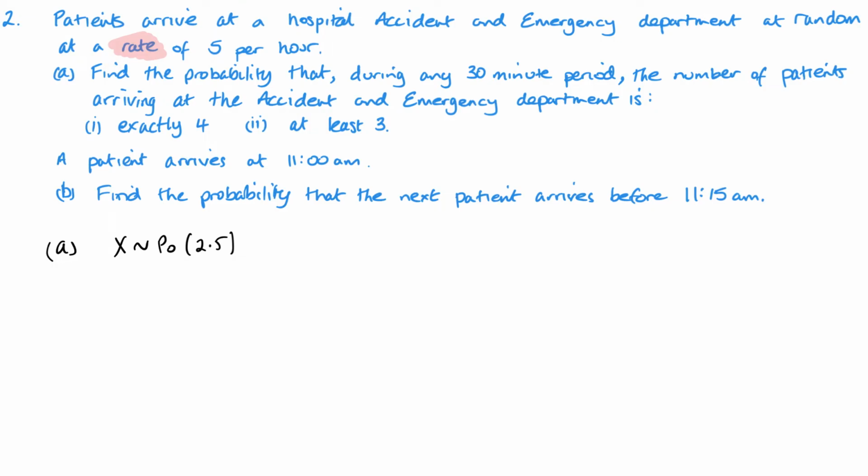Now we're looking at part 1 here, which is just exactly 4. So probability when x equals 4. So there's nothing too difficult about these. Once you get your values out of the text, there's nothing difficult about solving these questions, really.